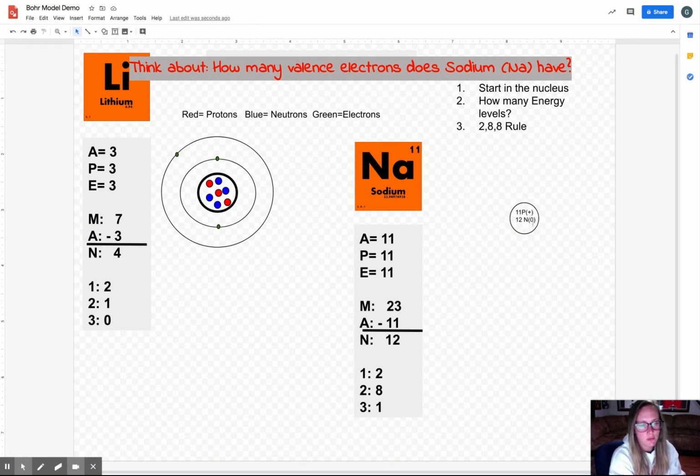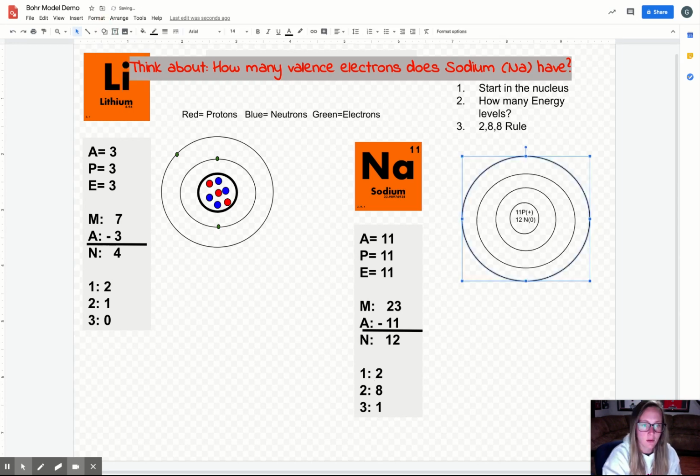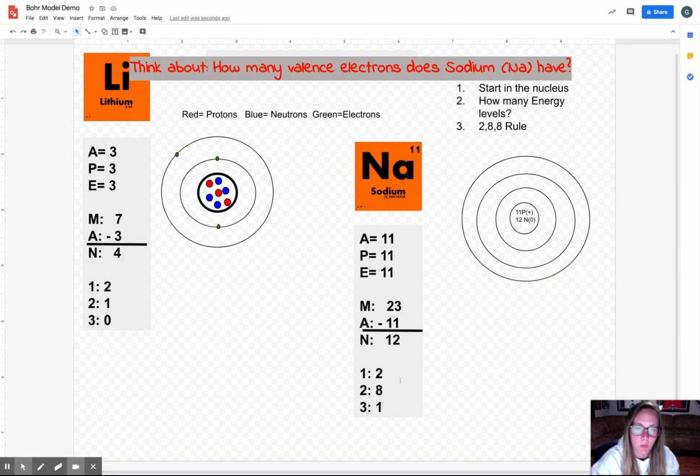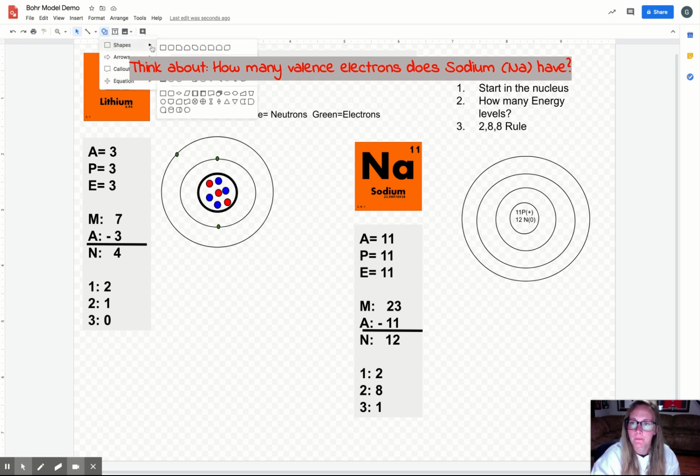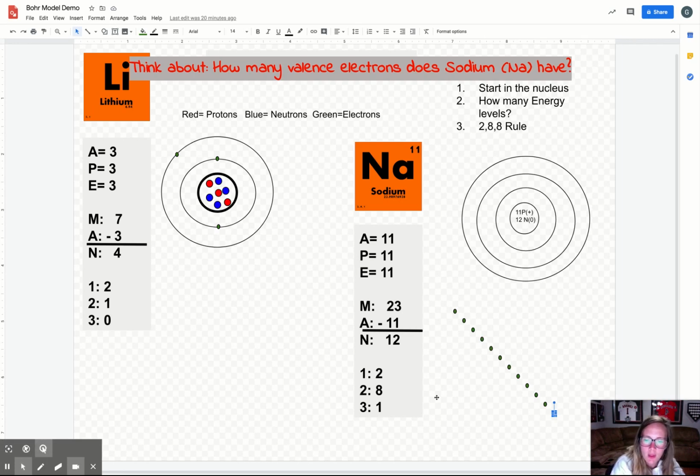Protons are positive, neutrons are neutral. We're going to have 3 energy levels. And we're going to have 11 electrons. Okay, so we have our 11 electrons. Now I'm going to place them.